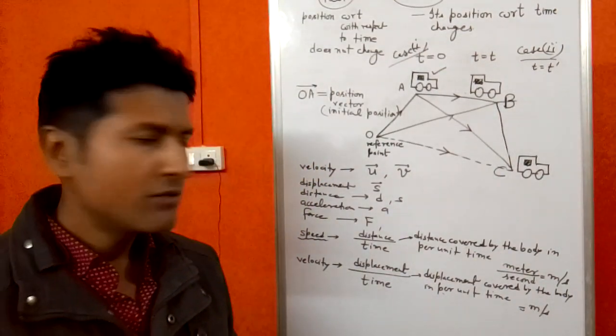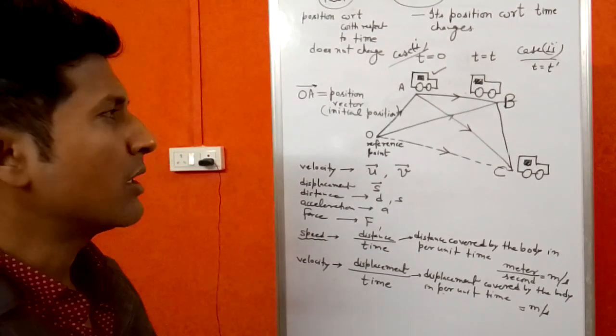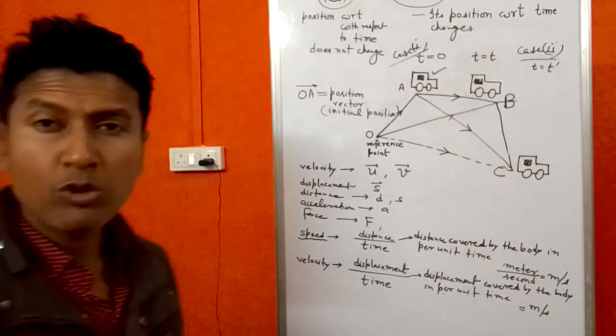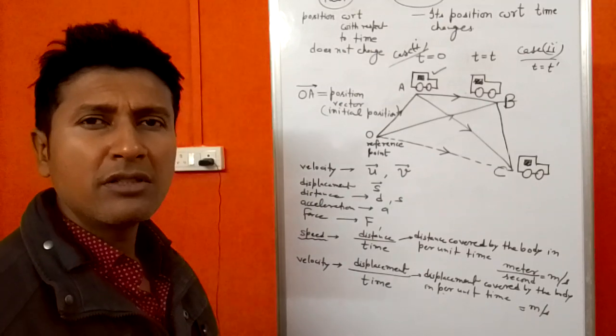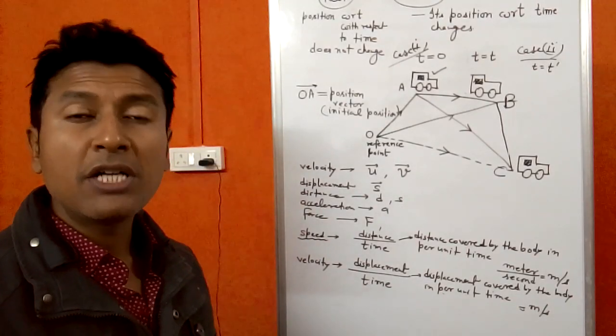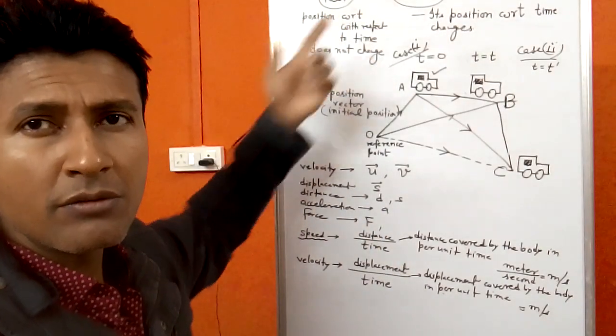I hope the point must be clear. Now, the acceleration part. If you want to note it down, you can note it, right? It's very important. These definitions are basically the building blocks of physics, motion, right?